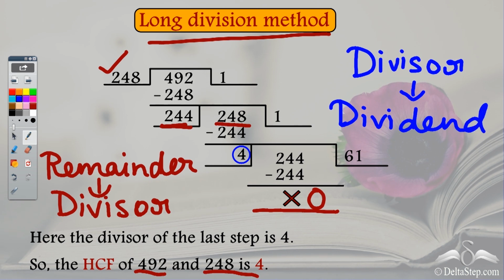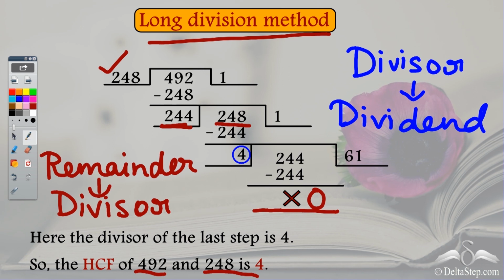So divisor is what divides and dividend is what is divided. So in every step, remainder changes to divisor, divisor changes to dividend. Keep on dividing till you get a remainder 0.